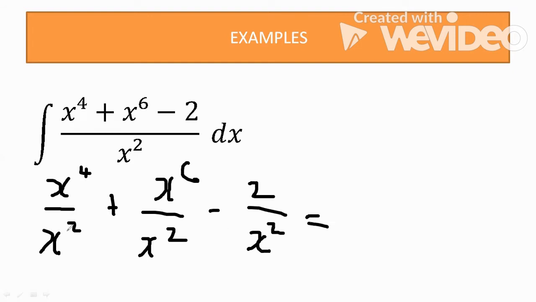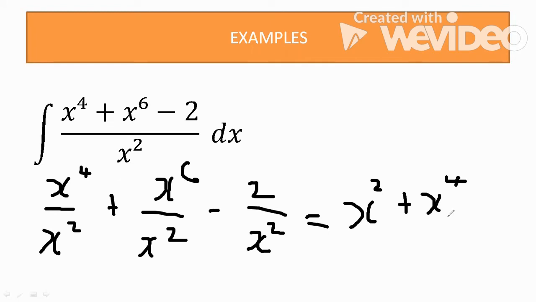Let's simplify this now. When we divide on the same base, we subtract the index. So 2 from 4 gives us 2, so we have x squared. Plus 2 from 6 is 4, so it's going to be x to the 4.